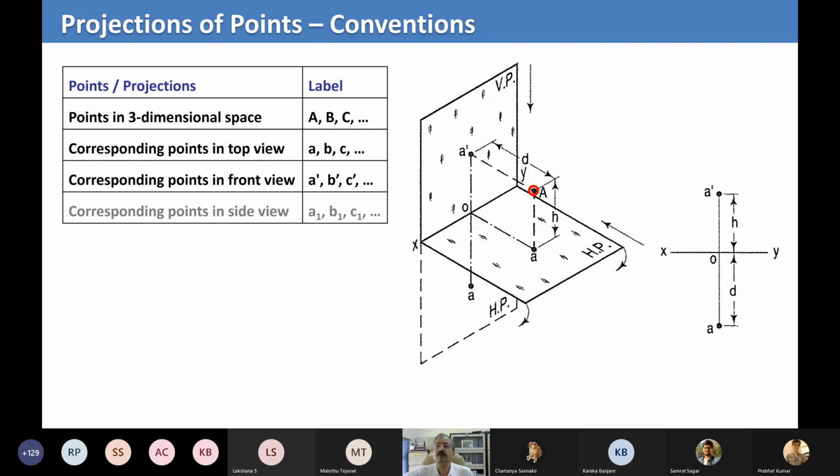So the front view comes on the top, and you're rotating down, so the horizontal view, which is nothing but the top view, comes below the front view. So what did we say? The top view of the point is a, which comes below here, and the front view of the point is A dash, which comes above here. Just fix it in your mind, so that when you go ahead to something a little more complex, you'll still be able to understand what I'm saying.